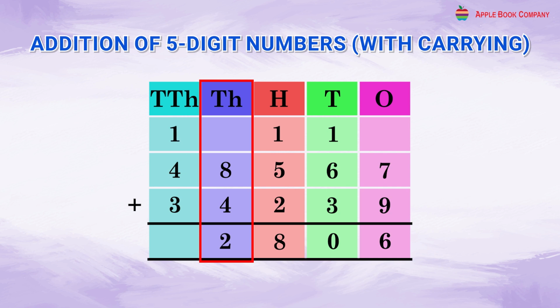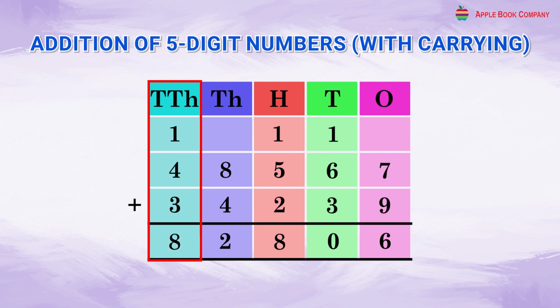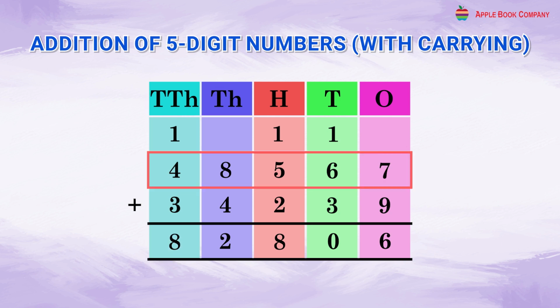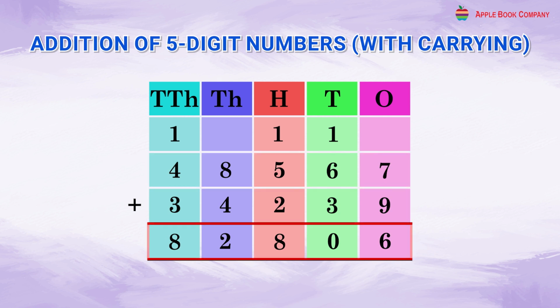Carry over 1 to the 10,000s place. Step 5. Add 10,000s. 1 plus 4 plus 3 is 8 10,000s. Hence, 48567 plus 34239 is 82806.